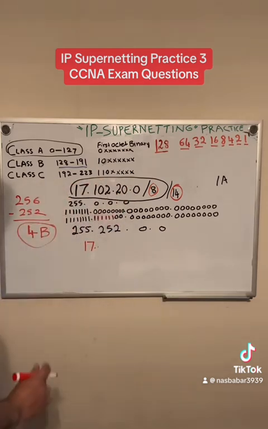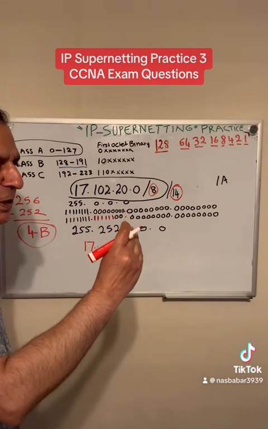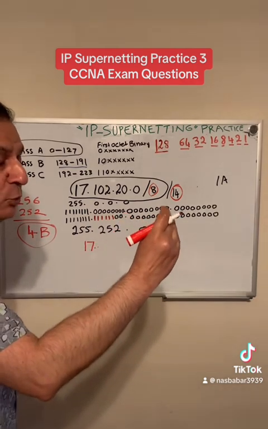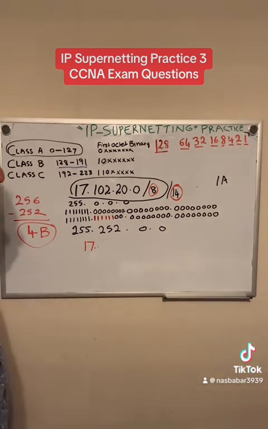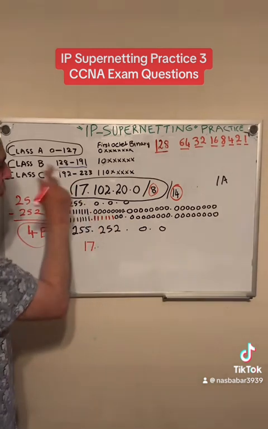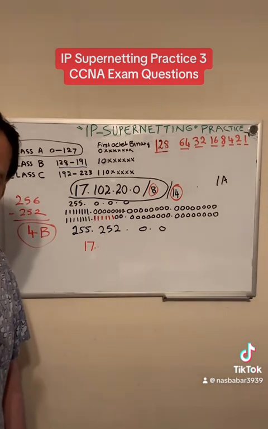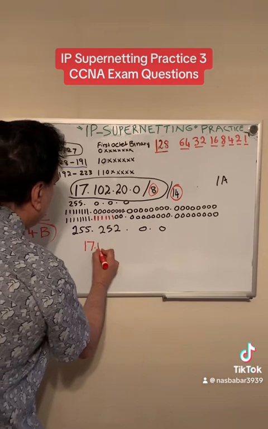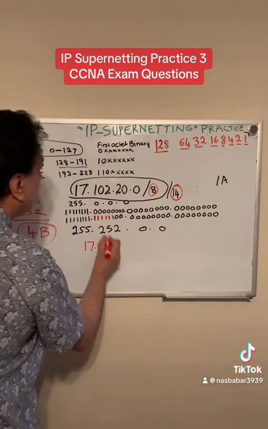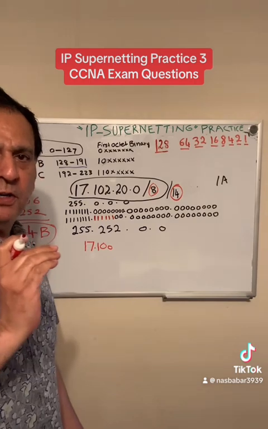The ranges are 0 through 4, 4 through 8, 8 through 12, 12 through 16, and so forth, right? With 252, where does this 102 fall? 4 times 25 is 100, right? So this is going to be 100. I can't make this 102 because the range starts from 100.